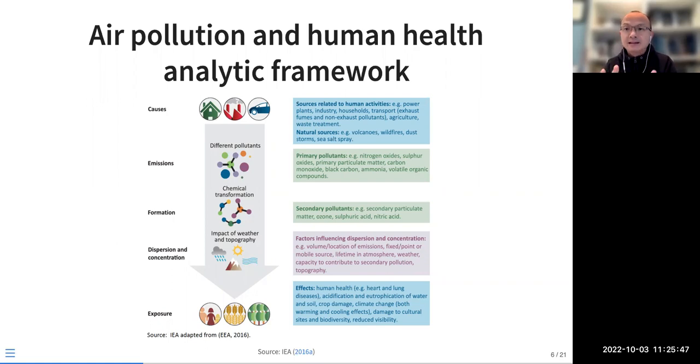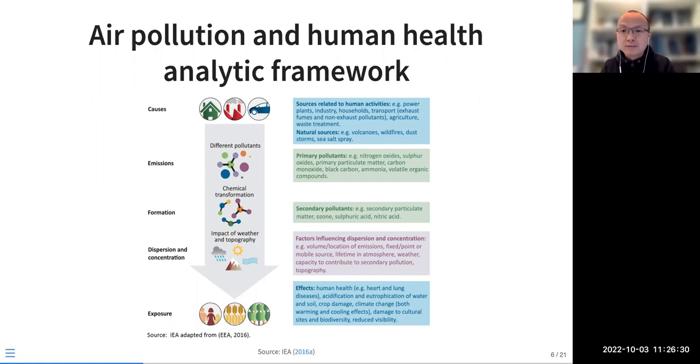Those are the sources related to human energy activities, for example, power plants, industry, households, transport, agriculture, and waste management and treatment. There are also natural sources such as volcanoes, wildfires, dust storms, and sea salt spray that contribute to the different air pollution we were talking about. Those sources come out in the form of emissions, different pollutants, right?